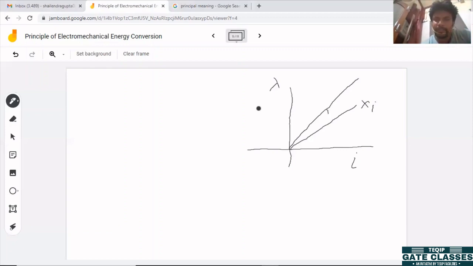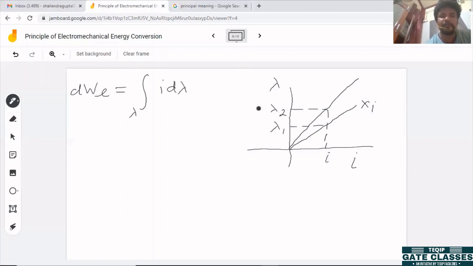So let us say this is the current I. The initial flux linkage is lambda 1 and the final is lambda 2. We know that the energy input d We will be I into d lambda, where lambda varies from lambda 1 to lambda 2. So we can write it as I times lambda 2 minus lambda 1.